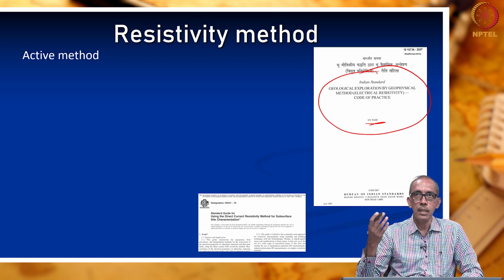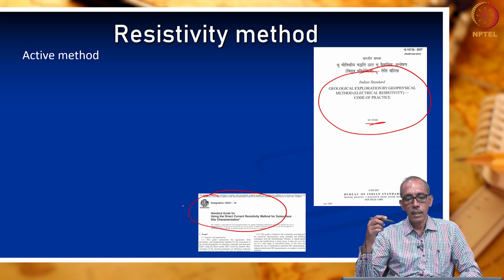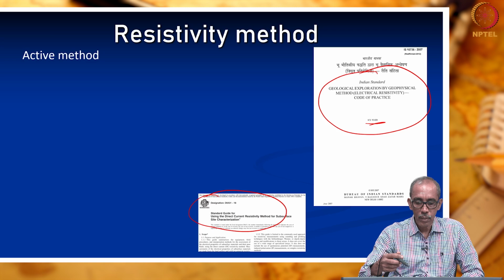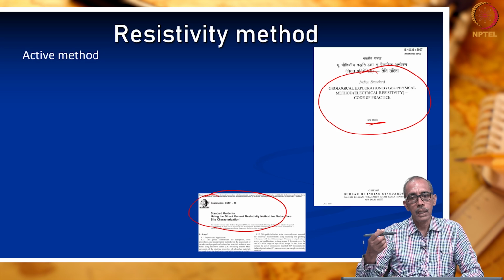That means geological exploration by geophysical method, that is electrical resistivity. A code of practice is already available. Similarly, ASTM, the American Society for Testing and Materials, has also come out with a standard code or guideline for carrying out the electrical resistivity method.